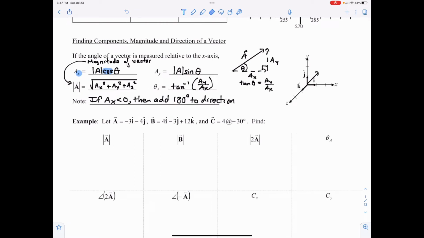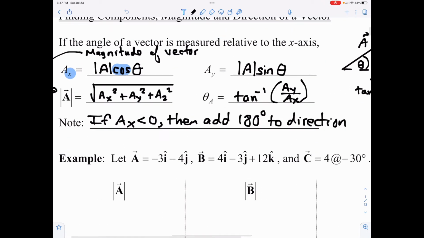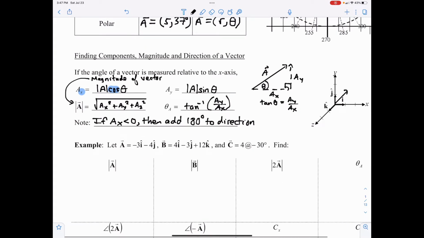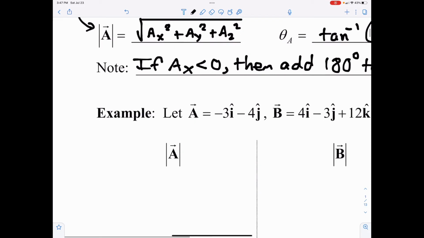Okay, let's begin with the first part. Let's find the magnitude of vector A. Now, vector A, you can see we're using IJK notation, is 3 units in the negative x direction and 4 units in the negative y direction. So if you needed to see a visual picture of this, vector A is kind of pointing out this way.